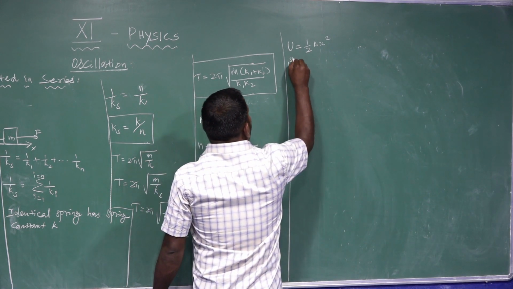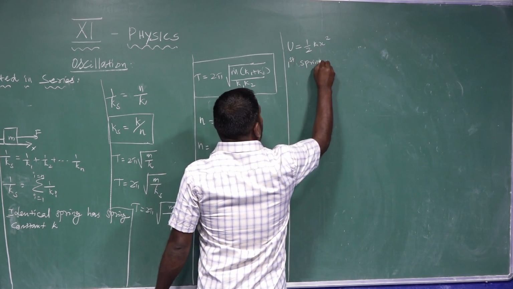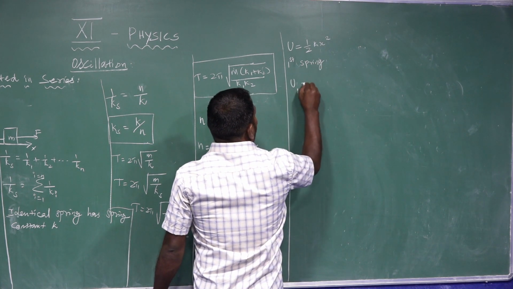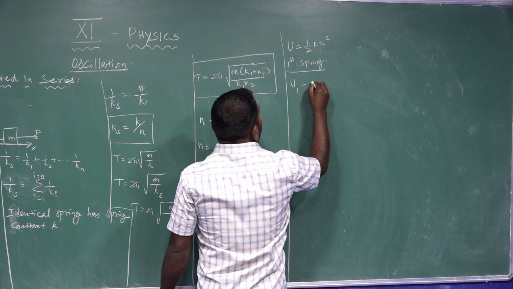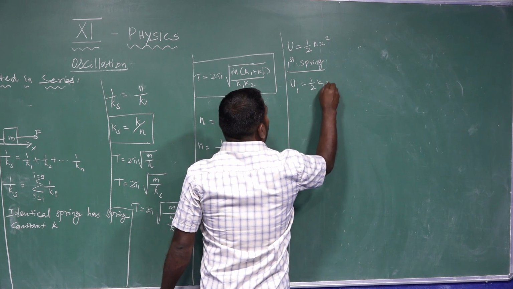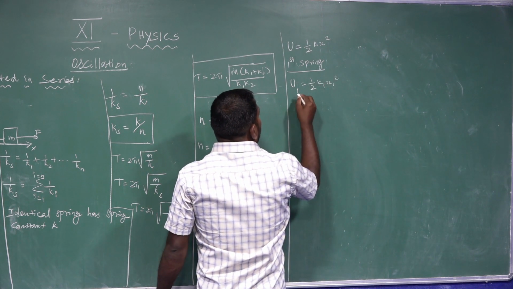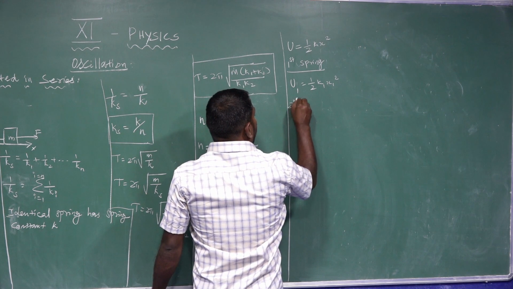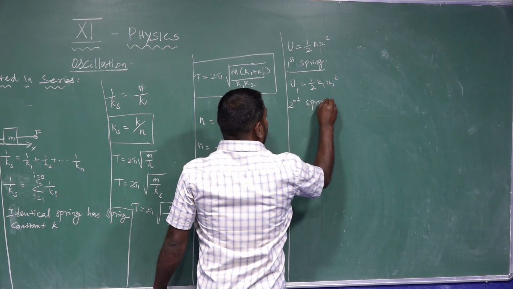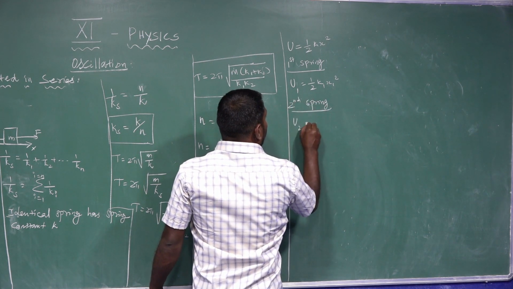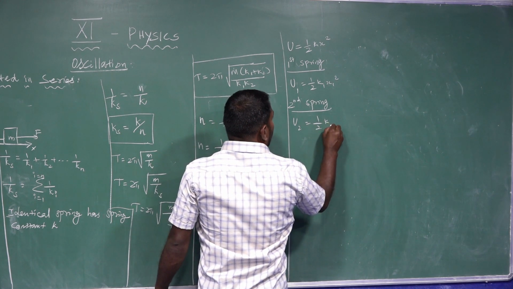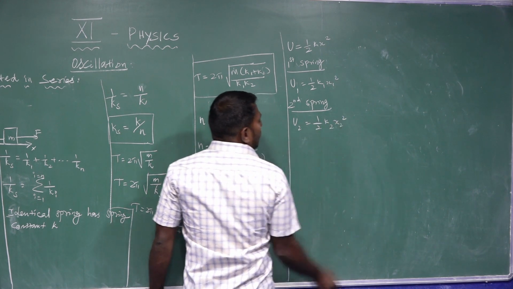In the first spring, the elastic potential energy stored is U1 equal to half k1 x1 square. Then the elastic potential energy stored in the second spring is U2 equal to half k2 x2 square.